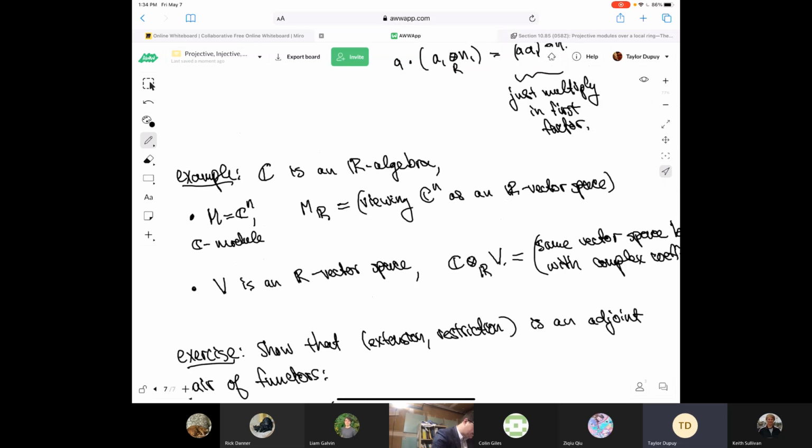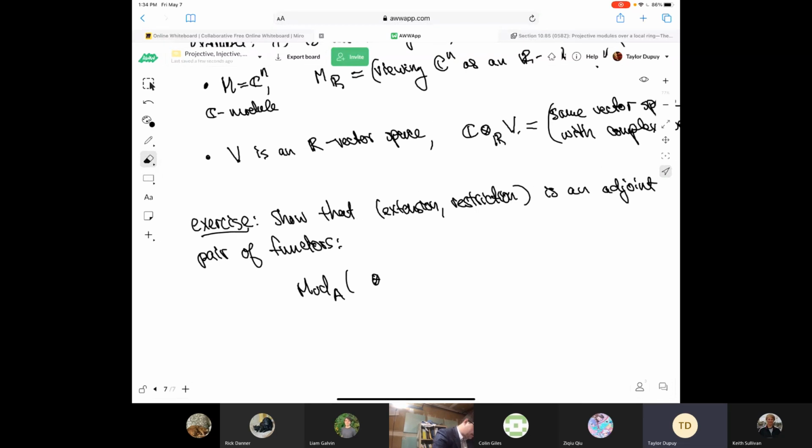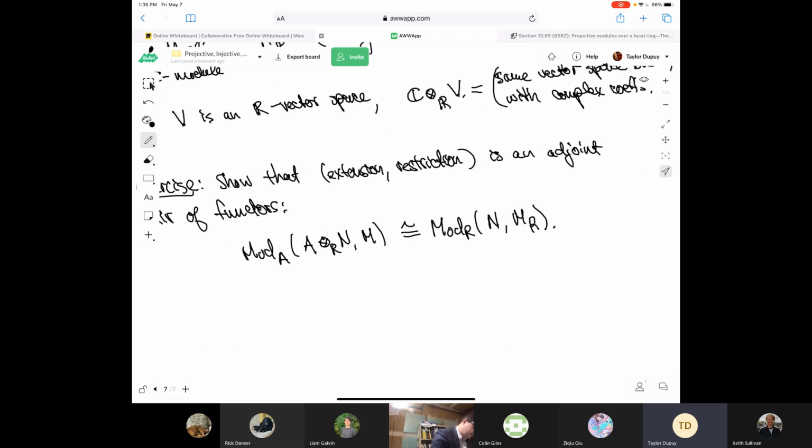Okay, and by that I mean we have this. What did we tensor? We tensored N first. I just want to keep the notation consistent. So morphisms from something that's tensored up, A tensor N to M, is naturally isomorphic to morphisms from N to M_R.